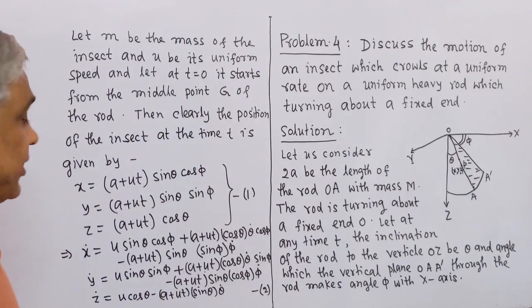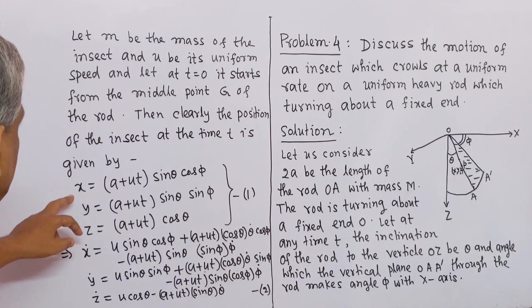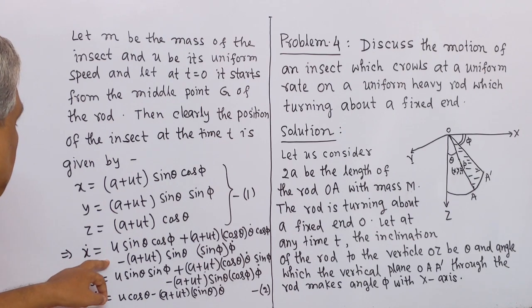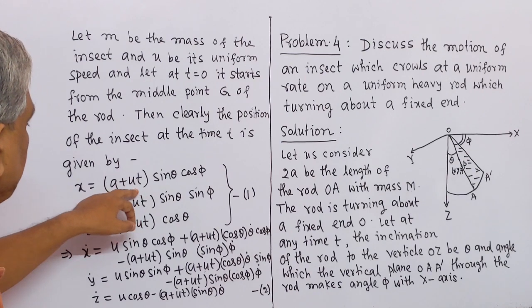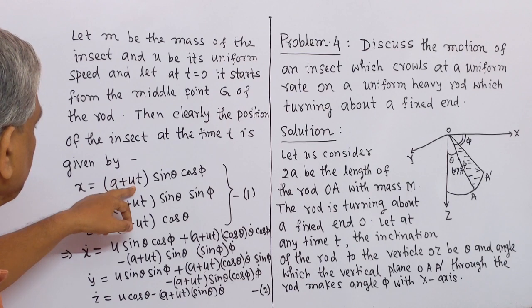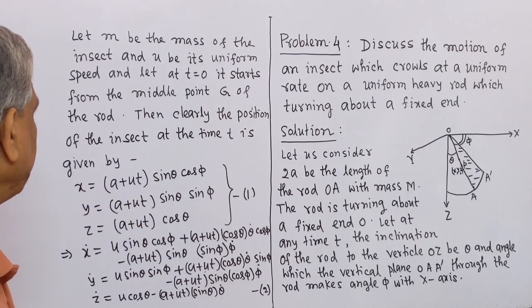Now differentiating this x, y, z with respect to t. Here dx by dt, x dot, equal to: firstly differentiate this term with respect to t. a is constant, so there remains only u sin theta cos phi.